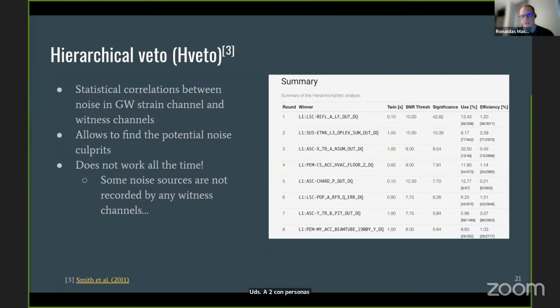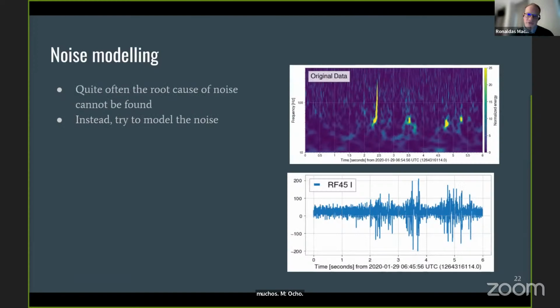It works quite often, but not always, because some noise sources are not recorded by any witness channels. As I said, for blips, we still do not have a good channel correlating with them. And with many other sources, we are not able to record that noise well enough. So this is H veto.